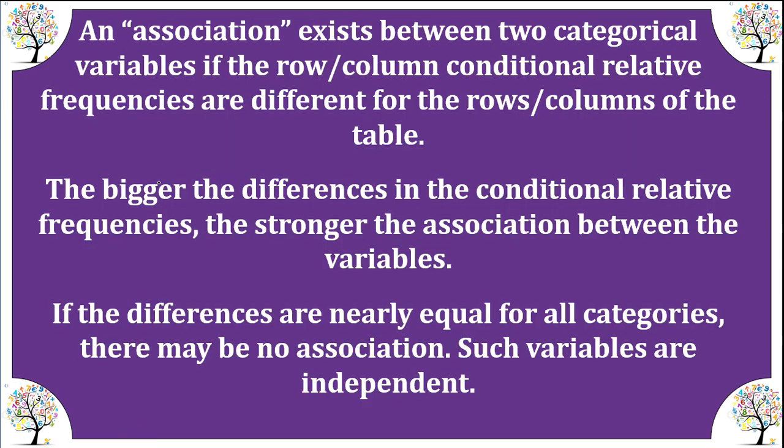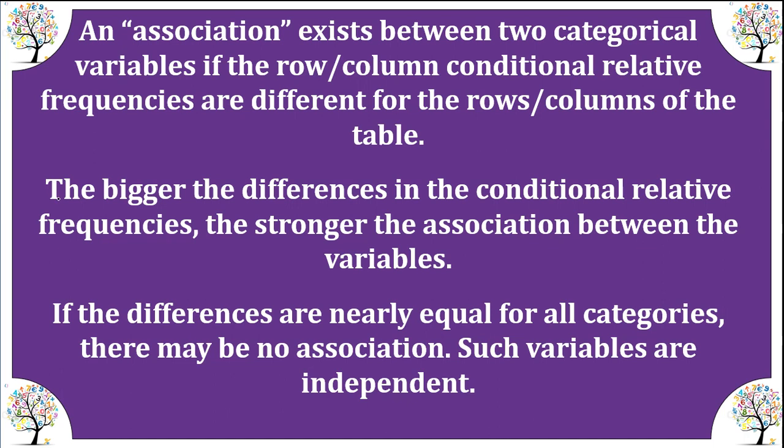So here's the deal, guys. An association exists between two categorical variables if the row or column conditional relative frequencies are different for the rows or columns of the table. Now, the bigger the difference between the percentages, the stronger the association.